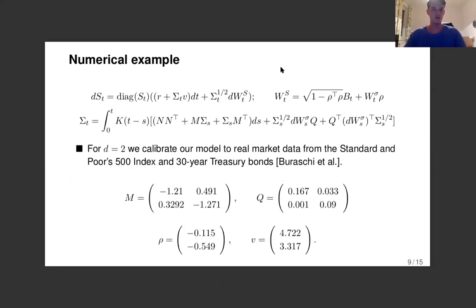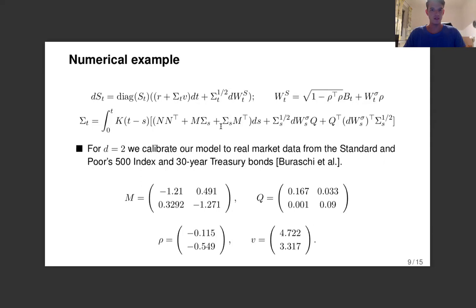So finally, let's have a look at a numerical example to illustrate some of our results. Again, we have our Volterra Wishart model. And for our example, we consider a market consisting of two assets, namely the S&P 500 index and the 30-year US Treasury bond.